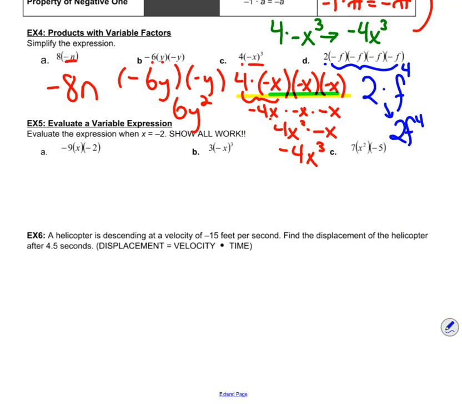Example 5. Evaluate a variable expression. Evaluate the expression when x is equal to -2. Show all work. Alright, I think you guys can do this on your own. You can do A on your own. So don't even pause this video.